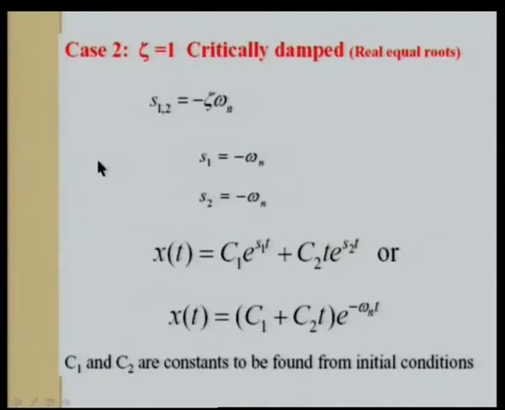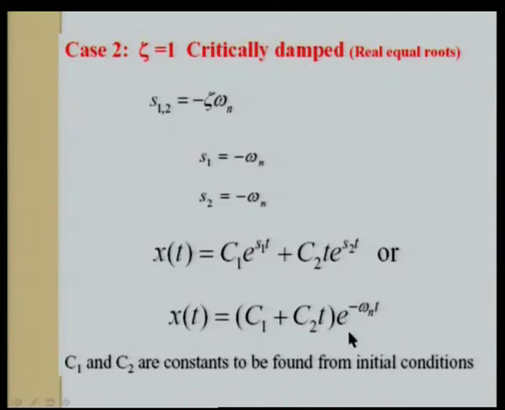Now, let us take a case where it is critically damped, that is, the radical is 0. Then we have two repeated roots S1 and S2. For repeated roots, the solution becomes this. You clearly see that as t increases, the response increases linearly with time, multiplied with this constant here.